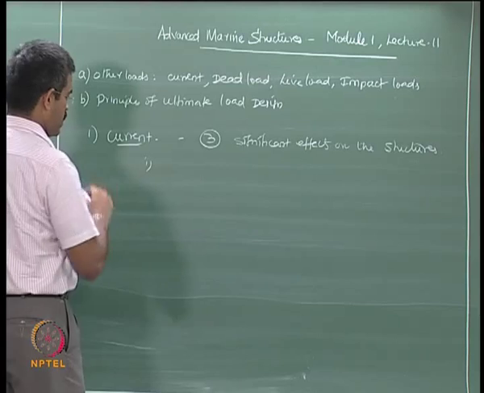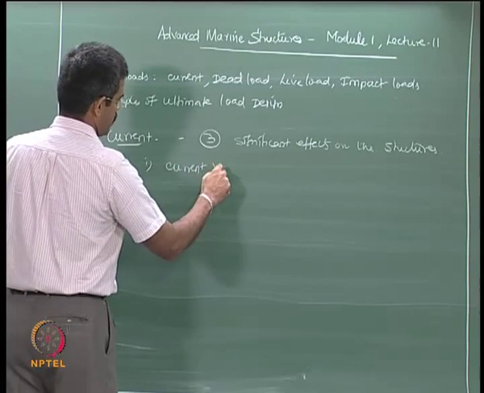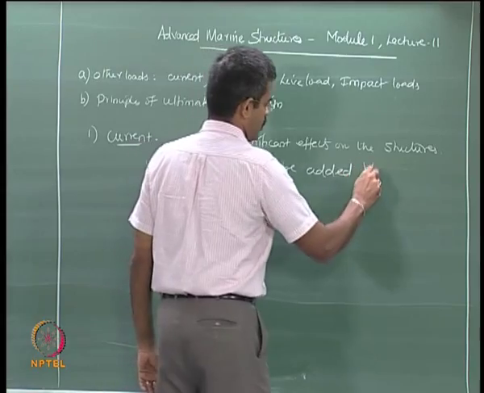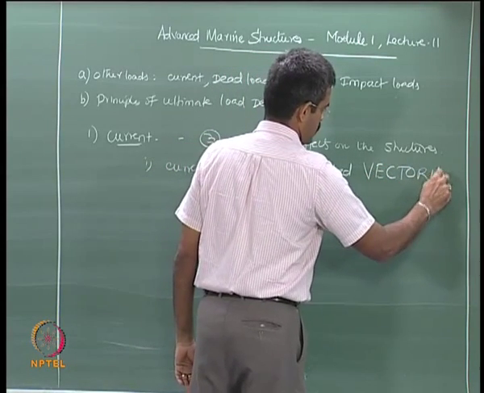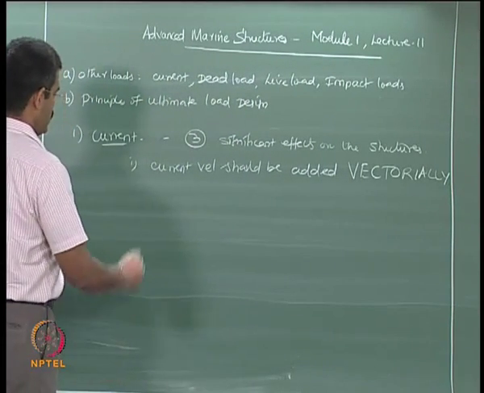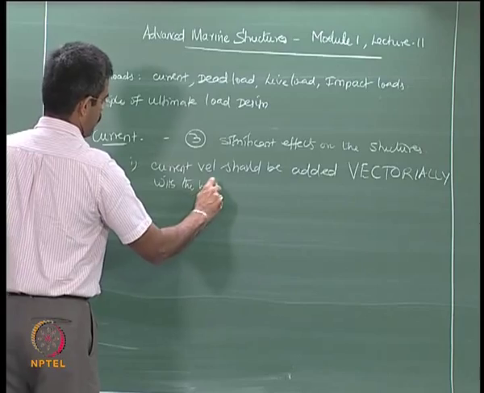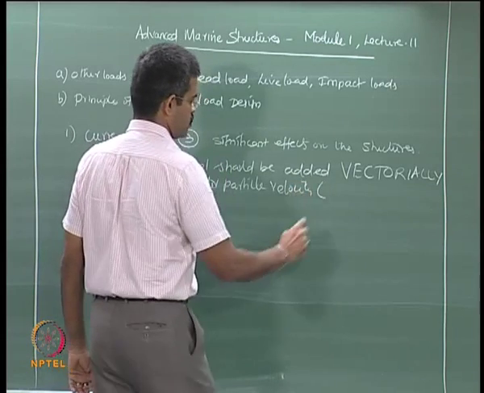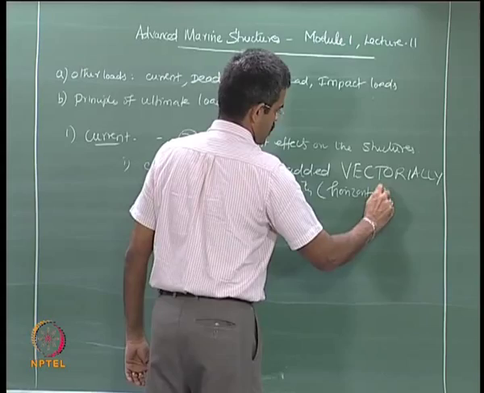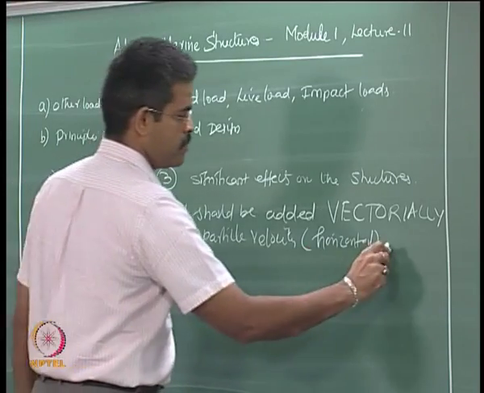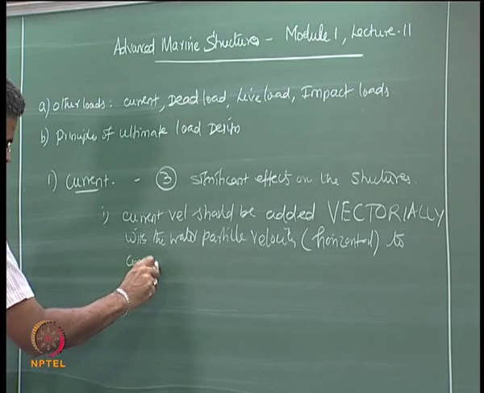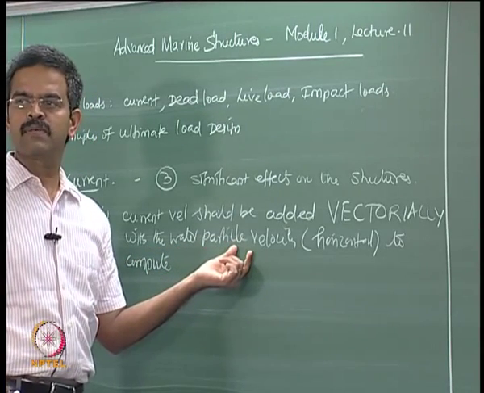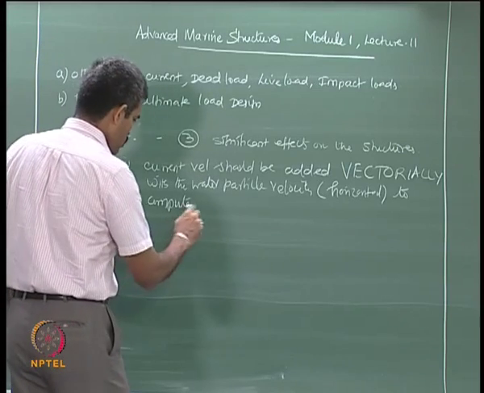Let us say, for example, the first is that current velocity should be added vectorially with the water particle velocity, to be very specific, the horizontal one, to compute... can you tell me where this horizontal water particle velocity plays a role in computing force on structures? You can compute the drag force.